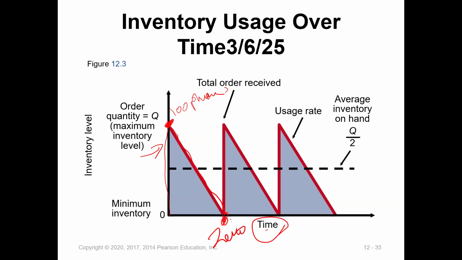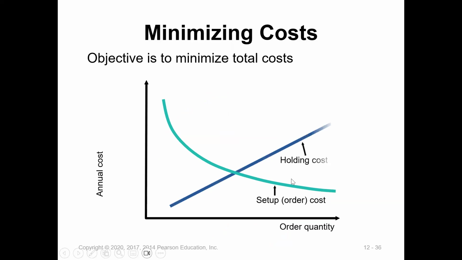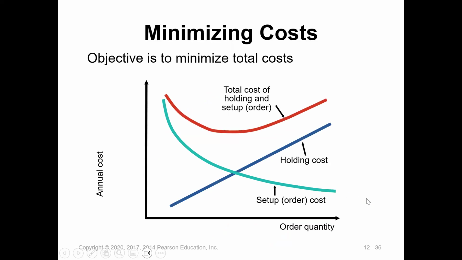That means at this time, we have this much inventory. Then we order again, selling, order, selling. So this is what we call the inventory usage over time, the inventory level with time.